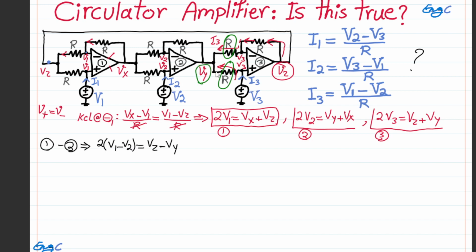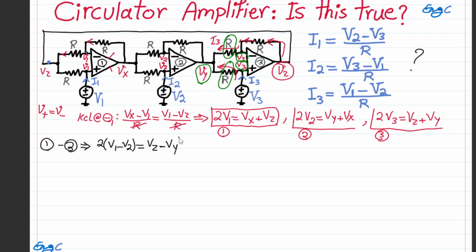On the other side, they share V3. They both have voltage V3. So the voltage drop across these two is exactly the same as if they are parallel. And since they have the same resistance and the same voltage drop, they have the same current. And if that lower one I3 is going, the upper one is I3 as well.